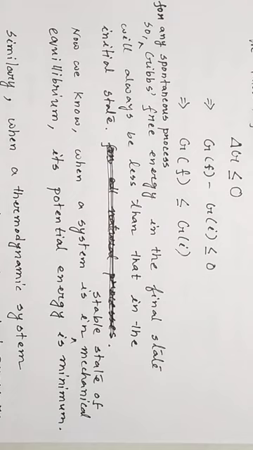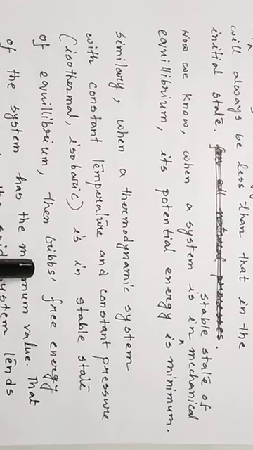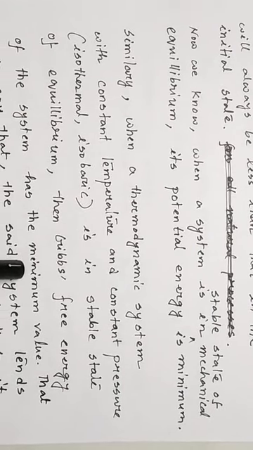Or when a system is in a stable state of mechanical equilibrium, its potential energy will always be minimum. Similarly, when a thermodynamic system with constant temperature and constant pressure is in a stable state of thermodynamic equilibrium, then the Gibbs free energy of the system will also be minimum.